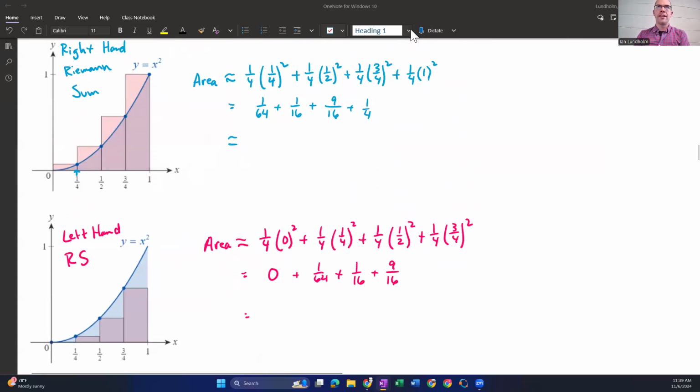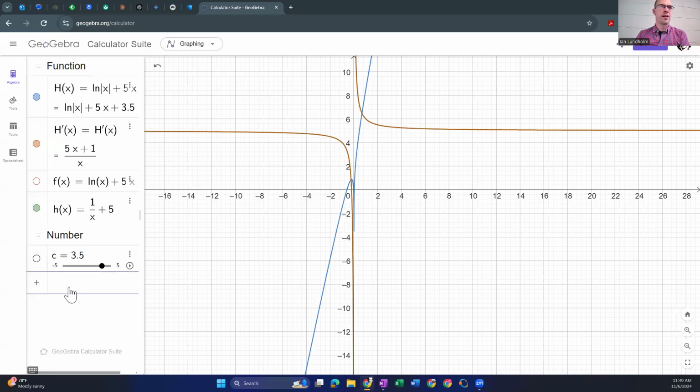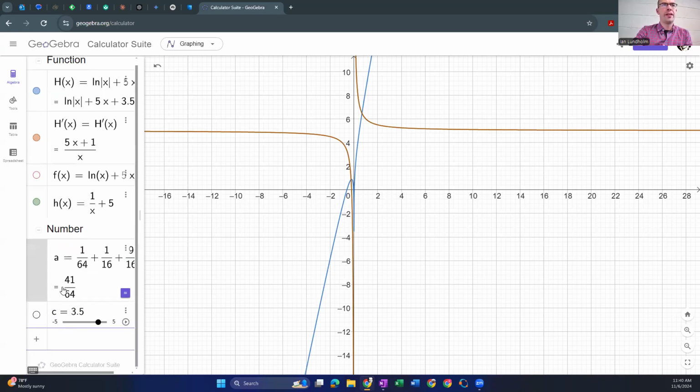Let's go ahead and bring up the GeoGebra and actually get a value for these things. So if I wanted to go 1/64 plus 1/16 plus 9/16, that's the right-hand Riemann sum.